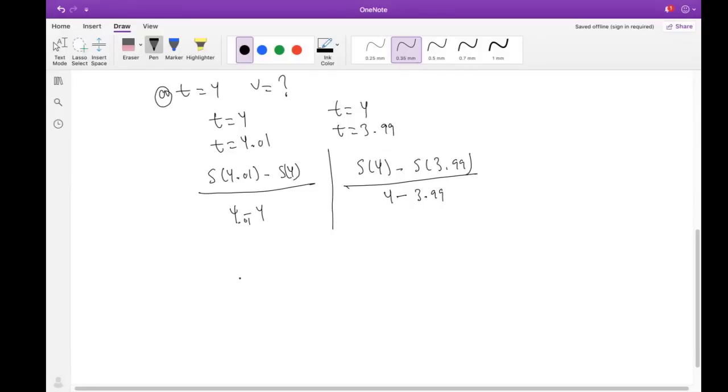The slope we would get for this would end up being negative 127.2, and the slope for this would be negative 126.8. And since we want the slope at t equals 4, the slope of that tangent line, we could simply average these two slopes.